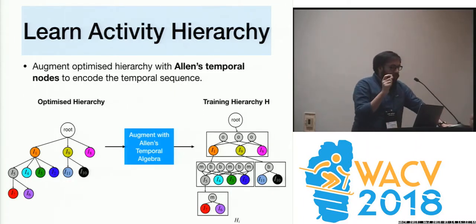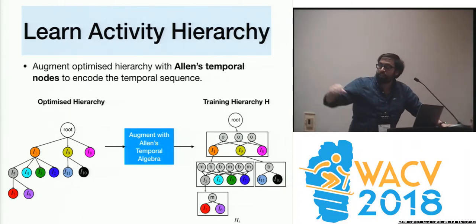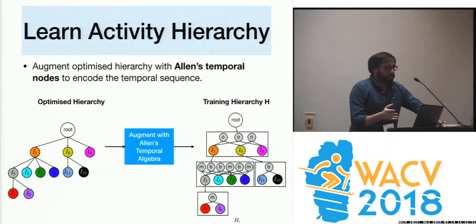If we do that for all the labels we have, we come up with this sort of hierarchy that's on the left side. And the thing we do next is that we augment this hierarchy with Allen's temporal algebra, which is a commonly used qualitative method of encoding temporal sequences of activities, to produce a hierarchy that looks the way it does on the right.